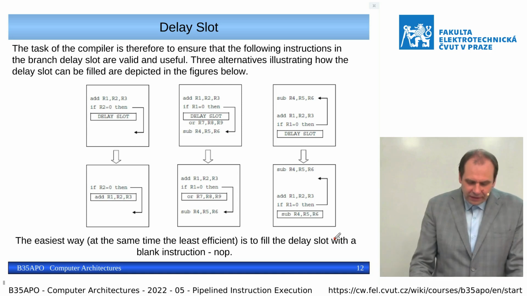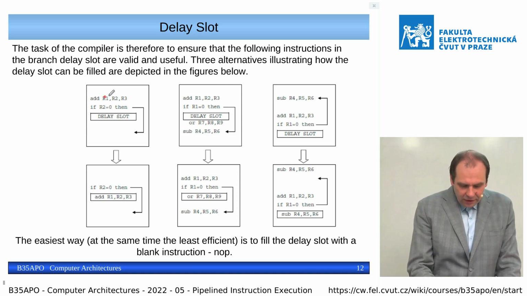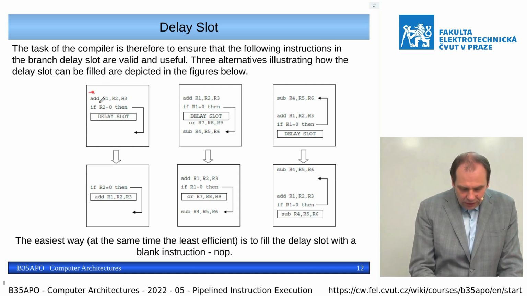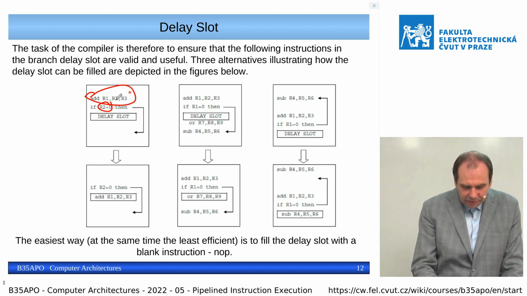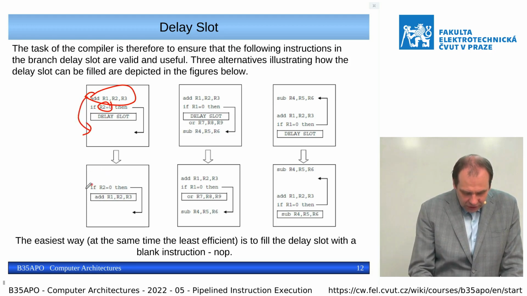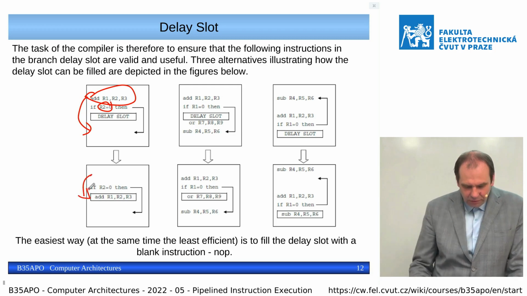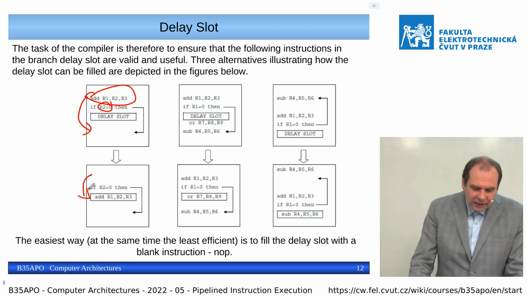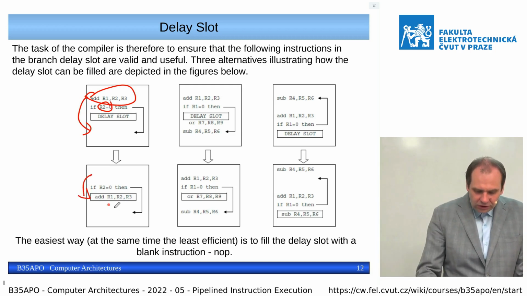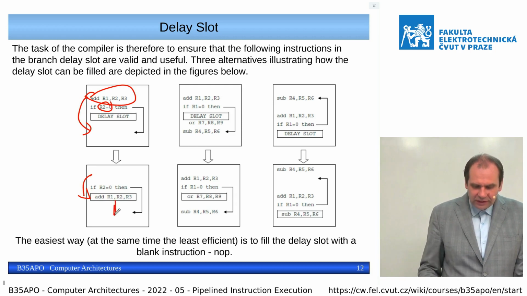So there are more examples of what we can do. For example, if we have an instruction which doesn't directly influence a branch condition, and it is before the branch condition, then we can put such an instruction after the branch condition. And it is executed unconditionally. The rest of the instructions is skipped.